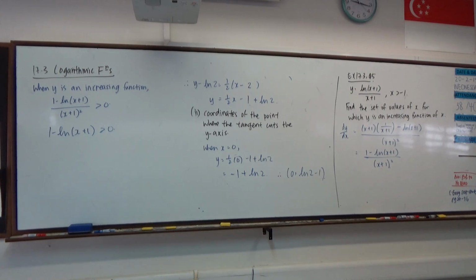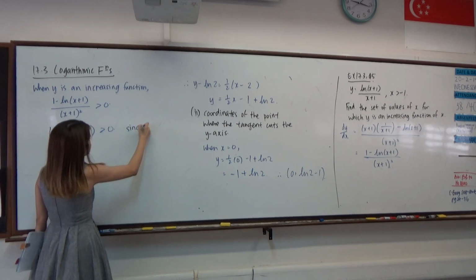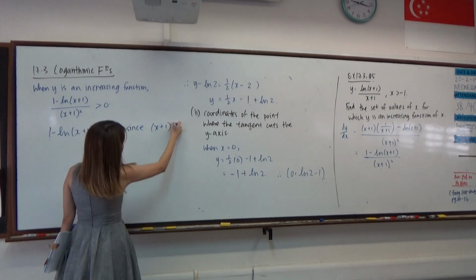The whole idea isn't really about multiplying both sides by a variable. It is because x plus 1 squared itself is more than 0. If this is more than 0, the numerator has definitely to be more than 0. That's why you will get the inequality. So please be very clear in your explanation.